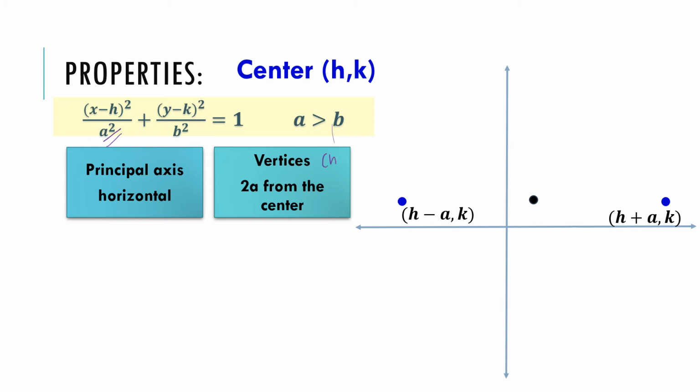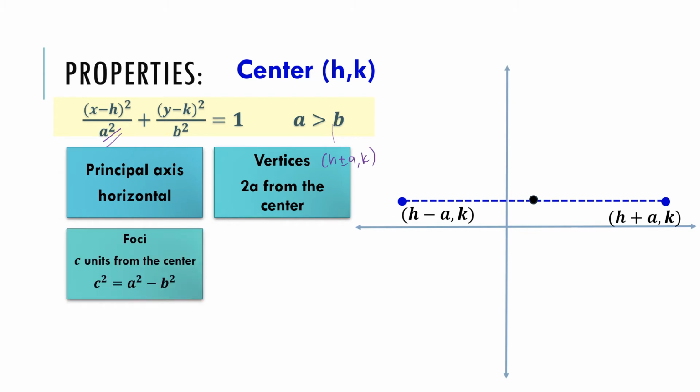We have H plus minus A, K. Next, foci. Ang foci ay laging ka-align ni vertices. So, from the center, from H, K, ipod ka ng C units to the left and C units to the right. So, ang formula na to ay H plus minus C, K.